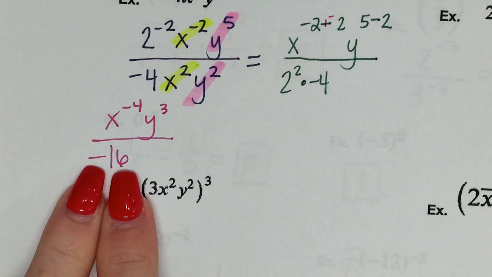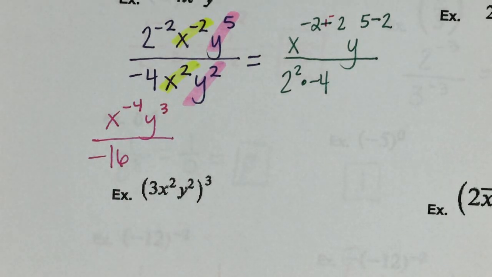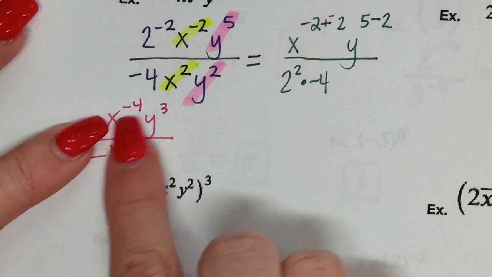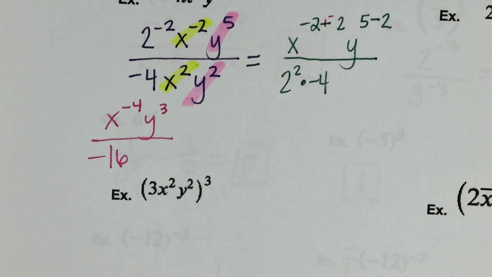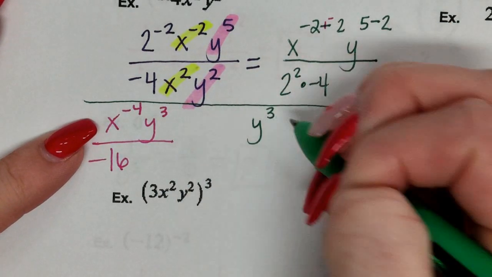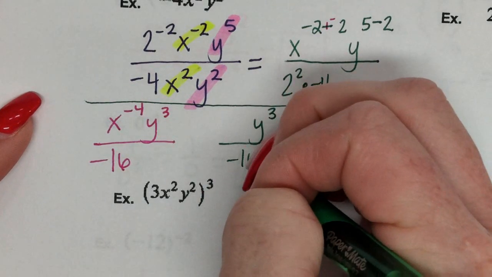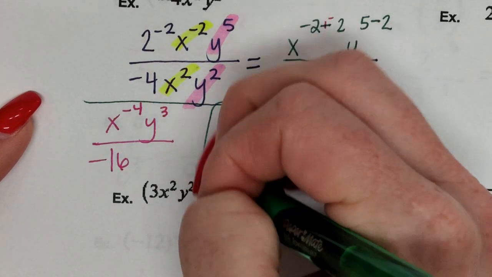Is this negative 16, does it have a negative exponent? No. It's just a negative base. So I leave it alone. But what do I need to do to this x? Bring it to the bottom. All right, so here we go. I have y to the third left all by itself on top over negative 16x to the fourth.